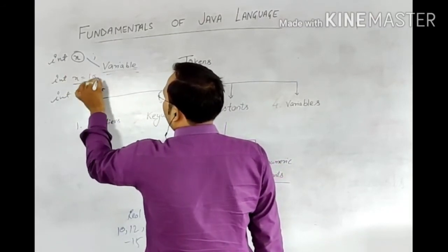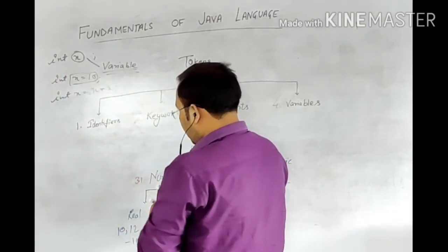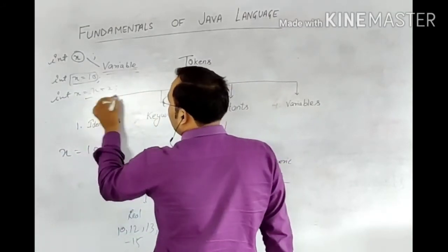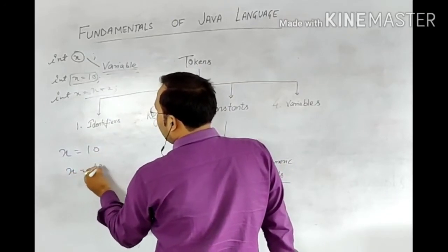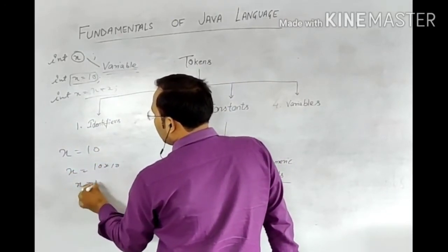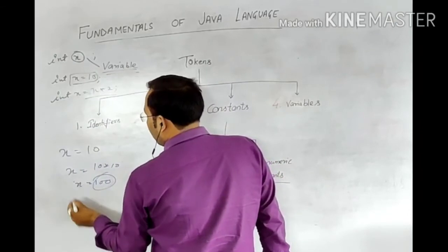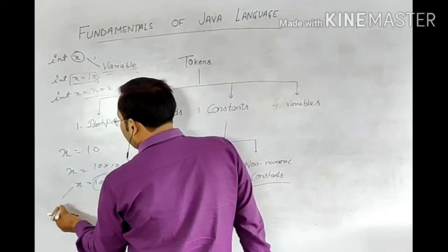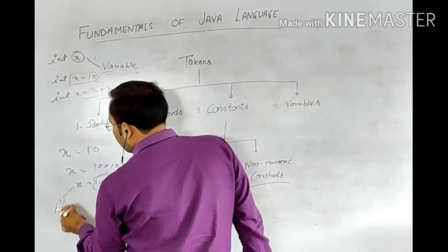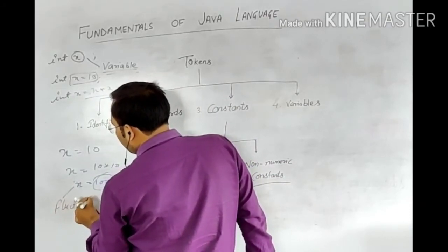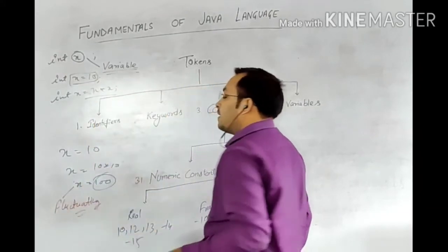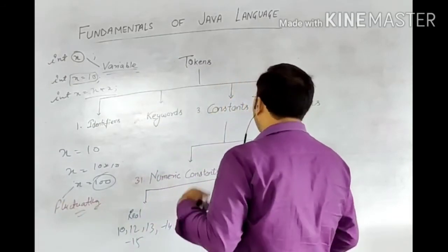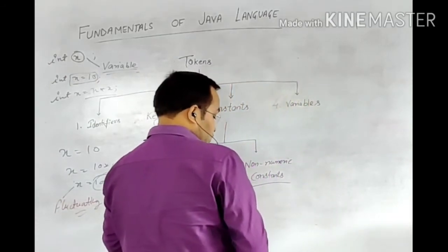In the first one the value of x is 10, but in the next one x equals 10 into 10 becomes 100. That means the value of x is fluctuating. So that's why we say that variables are not fixed values. Their values can vary from time to time.